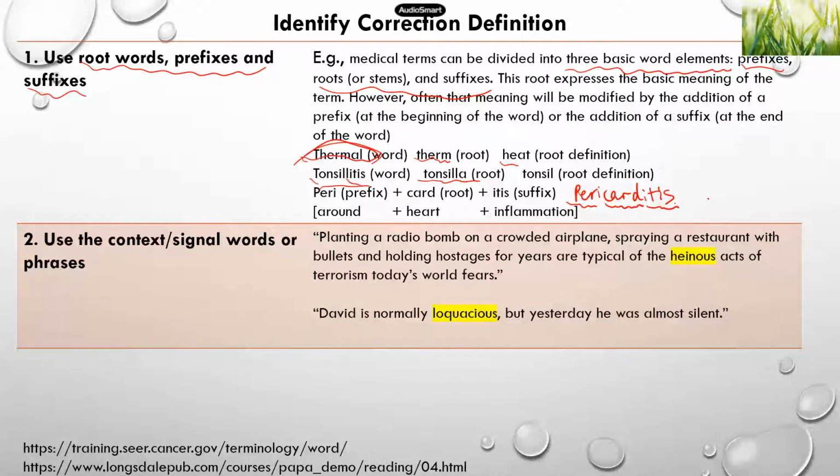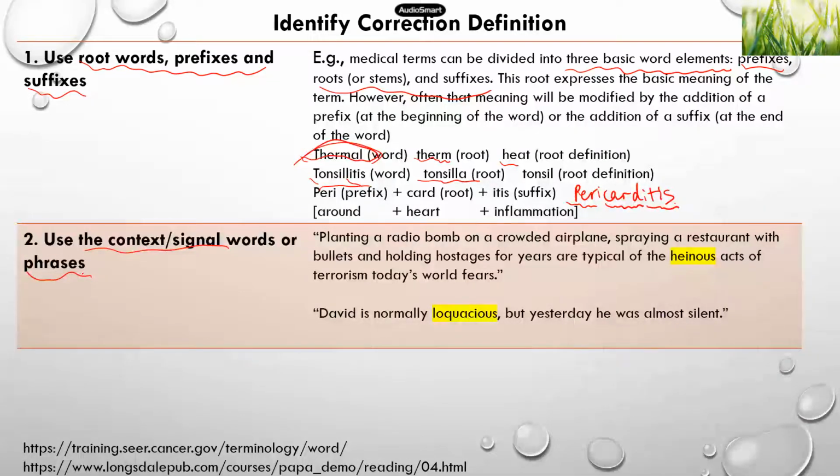So pericarditis refers to the inflammation in the thin sac-like layer surrounding the heart, which is called the pericardium. So pericarditis is inflammation in the pericardium. Okay, so this is one technique that you can use to deduce the meaning of a word that you don't know.